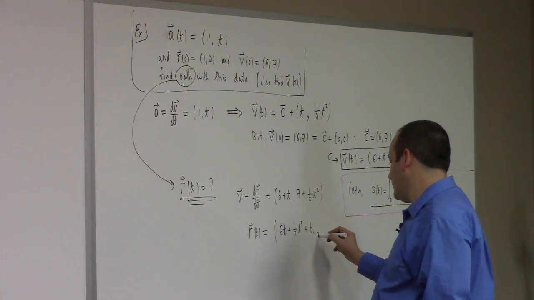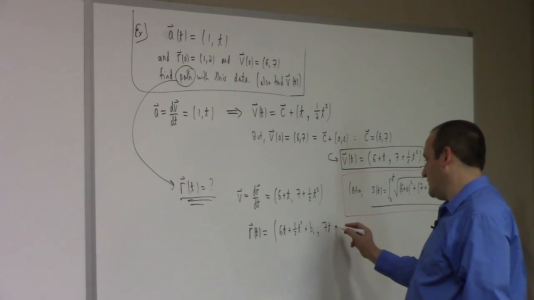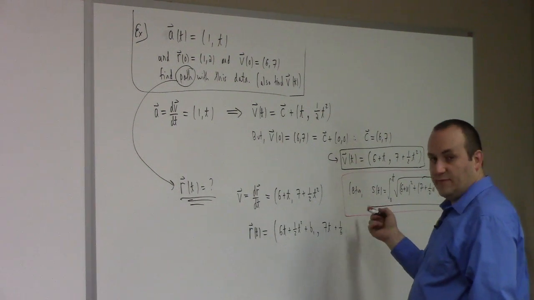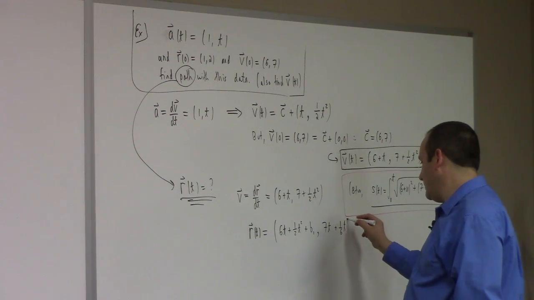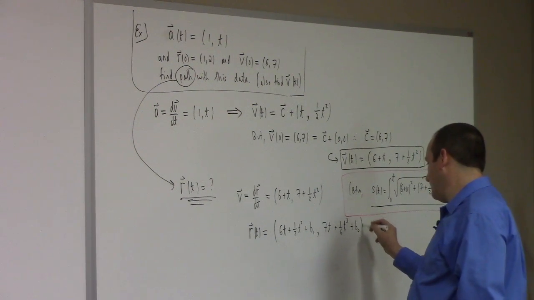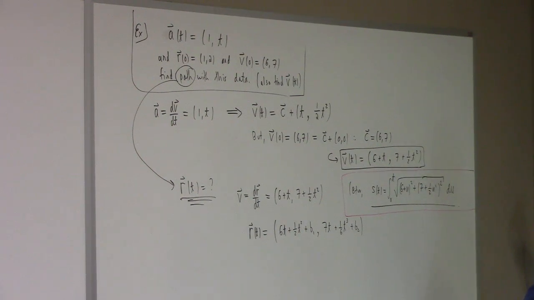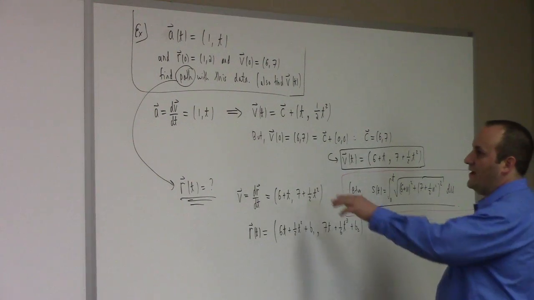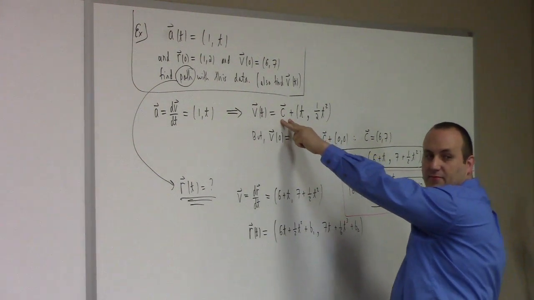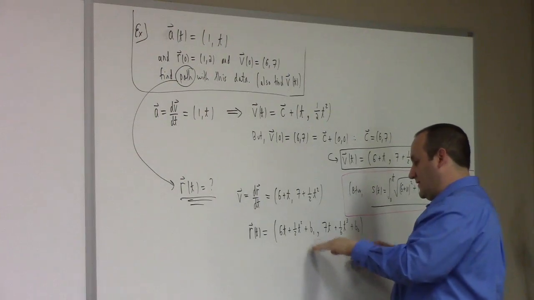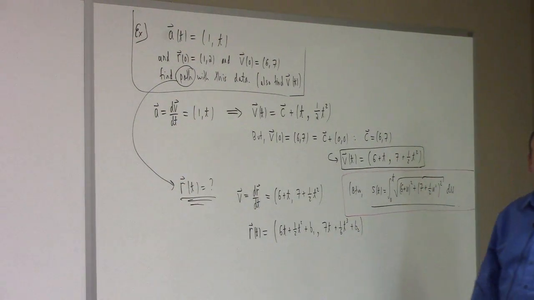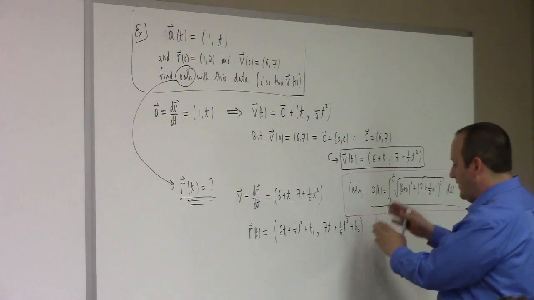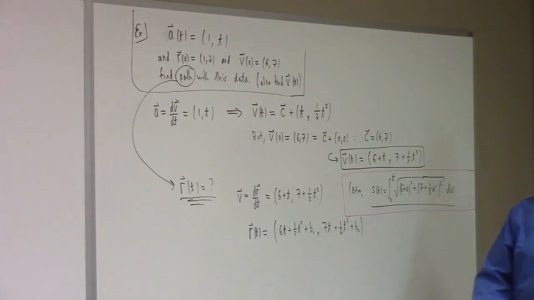I get 7t plus 1/6, because 1/2 times 1/3 is 1/6, t cubed plus b2. So you have options, right, guys? You can either add a constant vector out here like that if you prefer, or you can just add different constants in each component. It's equivalent. If I erase b1 and b2, I could write plus b vector out here and it would be the same thing. These are flavor choices you have.